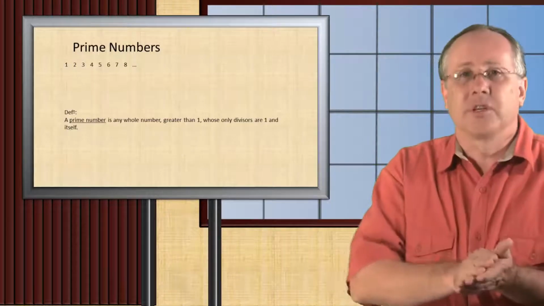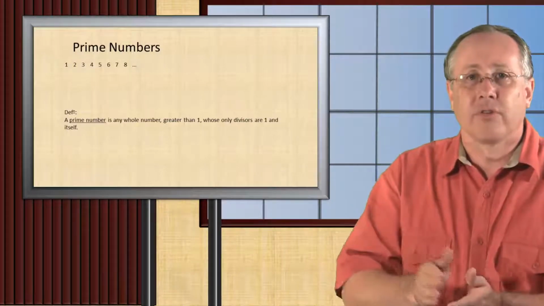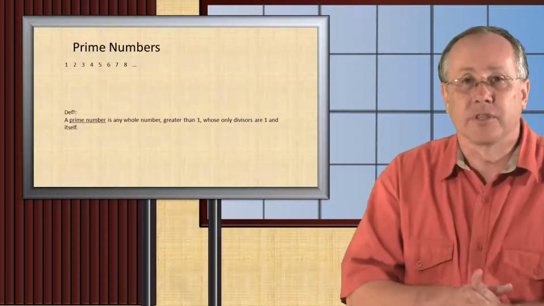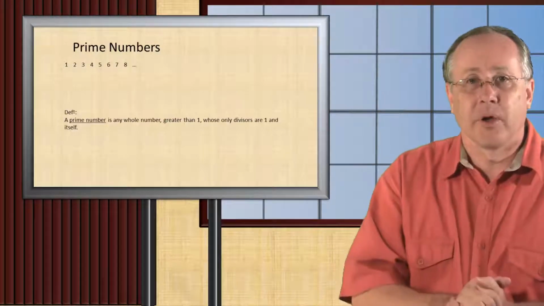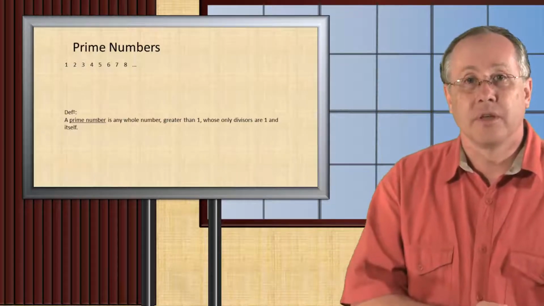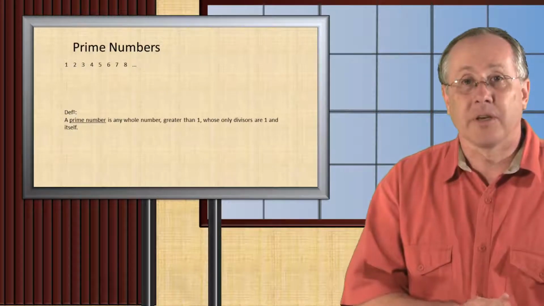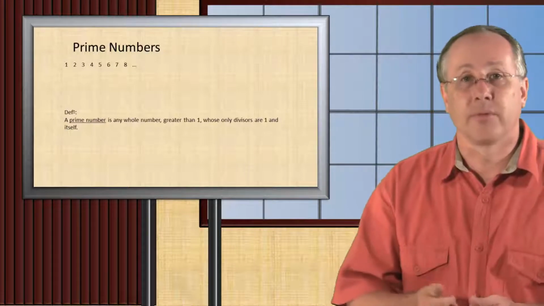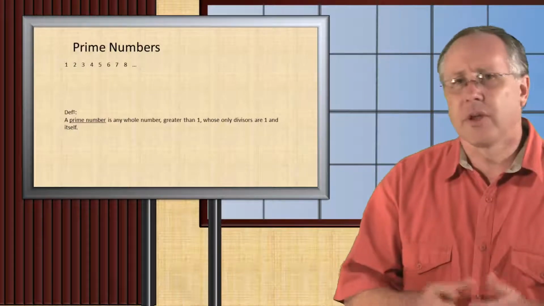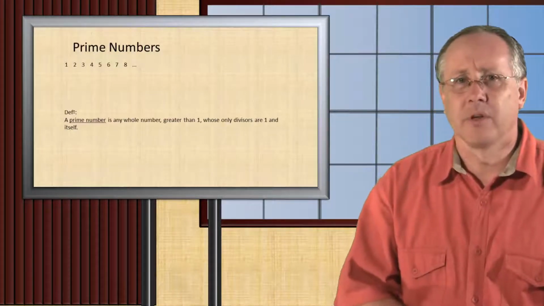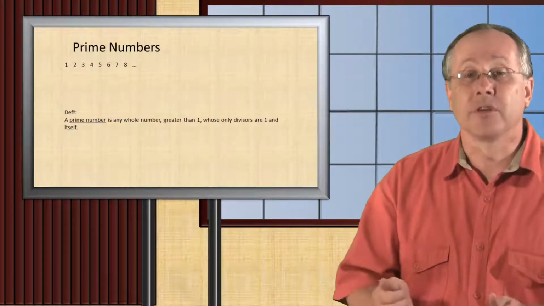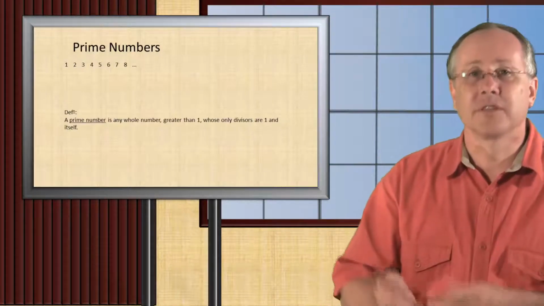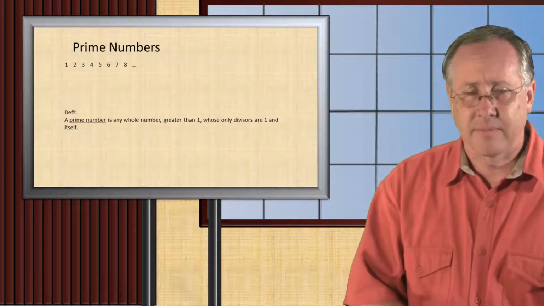So the only numbers that go into it evenly are the numbers 1 and whatever itself is. So for example, a prime number would be 13. 13 is a prime number because the only things that divide evenly into 13 are 1 and 13. On the other hand, 14 isn't a prime number because not only does 1 and 14 go into it, but 2 goes into it evenly and 7 goes into it evenly.